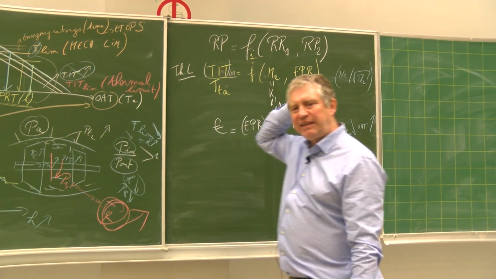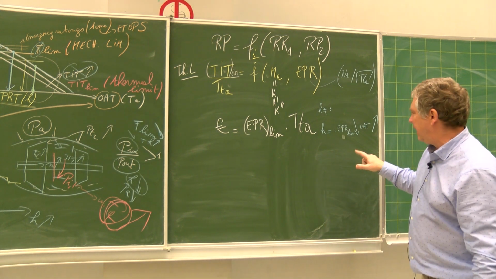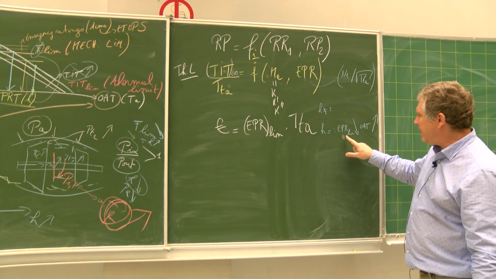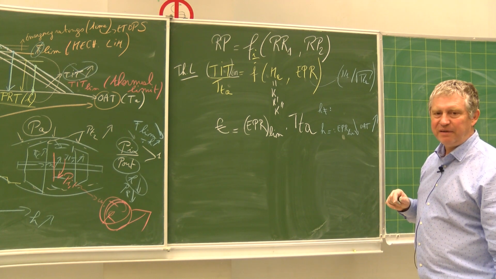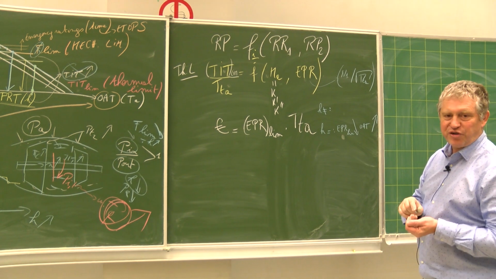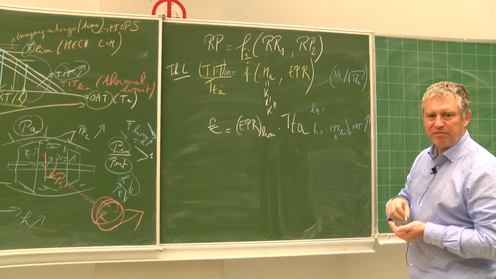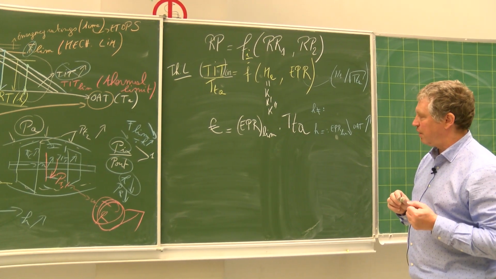And the value that is introduced by the engineer in the software is a value that is decreasing with the increase of the OAT, and that is not function of the altitude. Okay? Not function of the altitude.